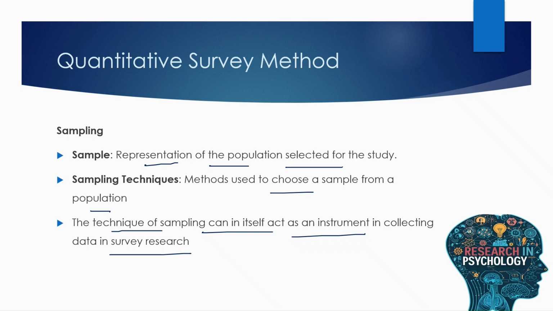That method of selecting a sample from the population itself can give you a lot of information about the sample. So the sampling technique can itself be a method of obtaining quantitative data through survey method.